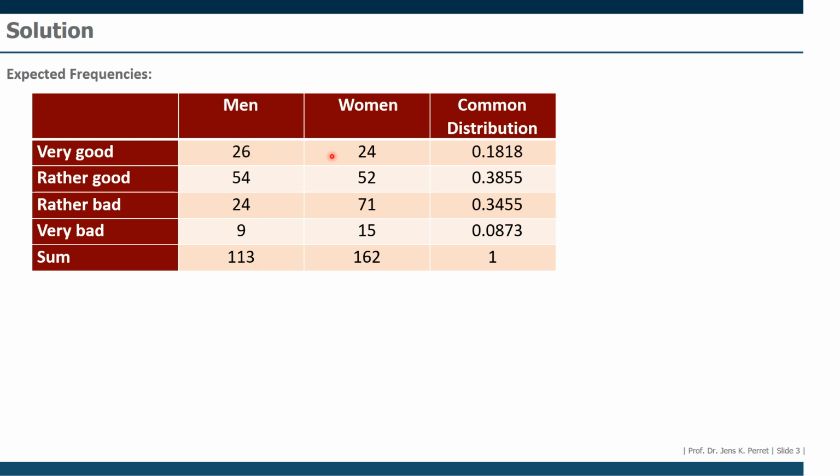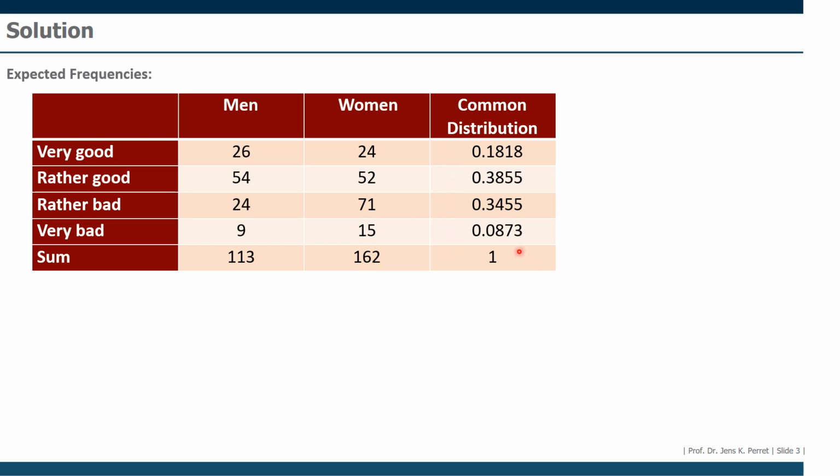So I'm going to divide 50 by 275. Then I'm going to take those two together. I have 106 divided by 275. That's how I get my different probabilities for my common or theoretical common distribution. So under the assumption that they share a common distribution, that's how the common distribution would look like.